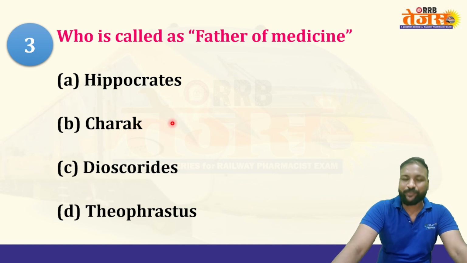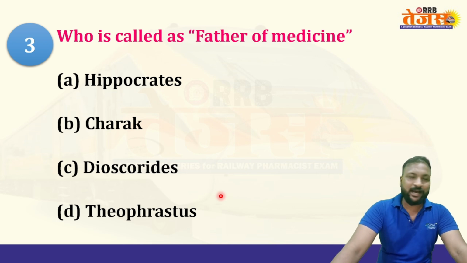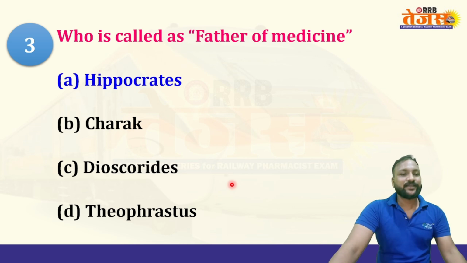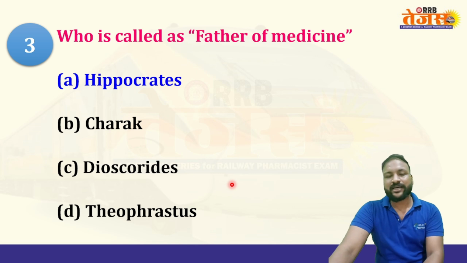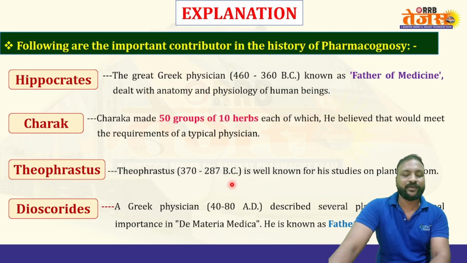Option A is Hippocrates, option B is Charak, option C is Dioscorides, and option D is Theophrastus. I think you will not choose a wrong option because we have already discussed this in the previous slide. Option A is the right answer, because Hippocrates dealt with the physiology and anatomy of human beings.